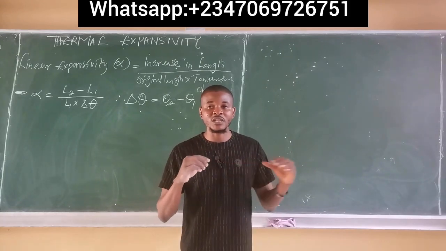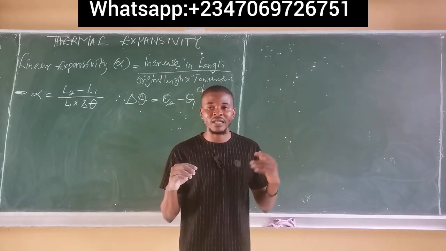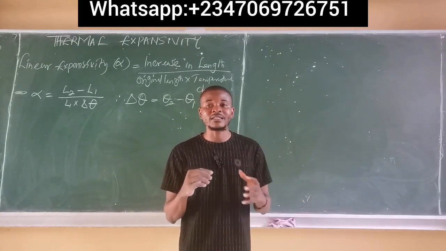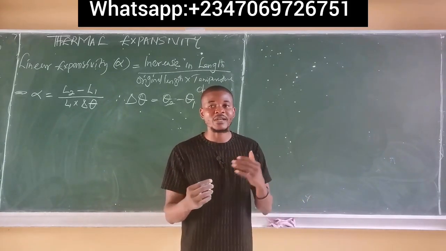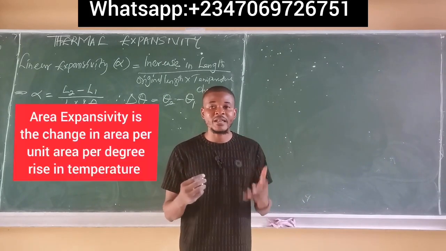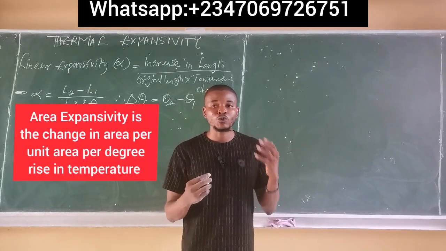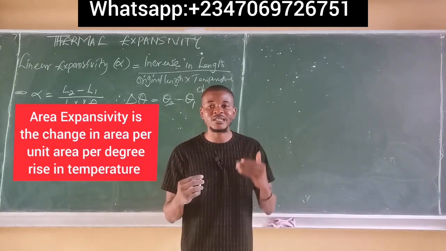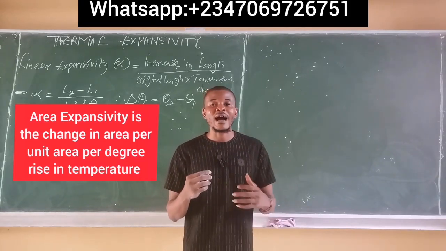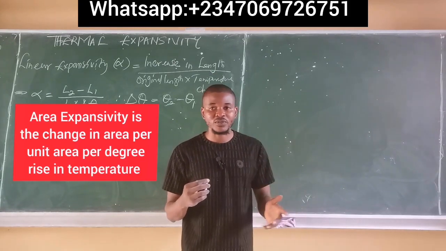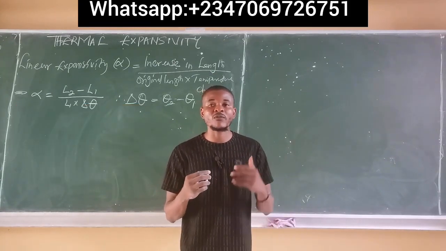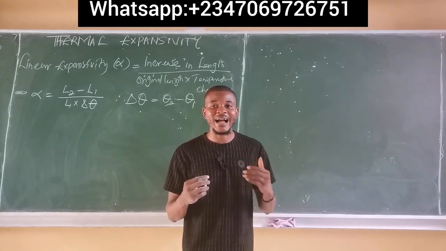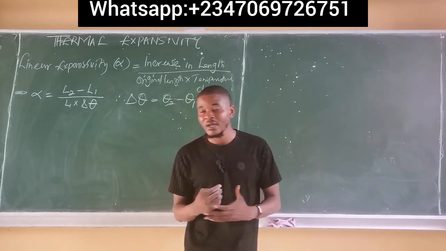When there is a change in not just the length of the body, but the length, the height, and the width when heat is applied, then there is an area expansivity or a volume expansivity. So the area expansivity, which can also be called superficial expansivity, is the ratio of the change in area of an object with respect to the original area and the degree rise in temperature.